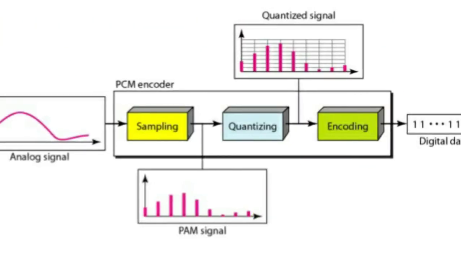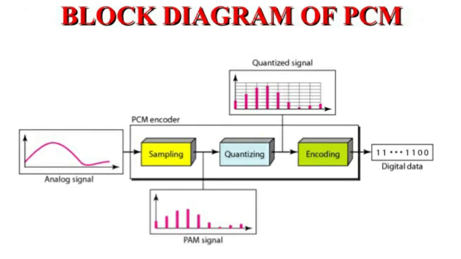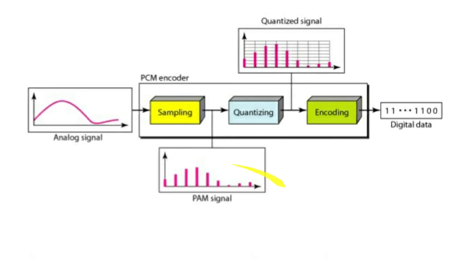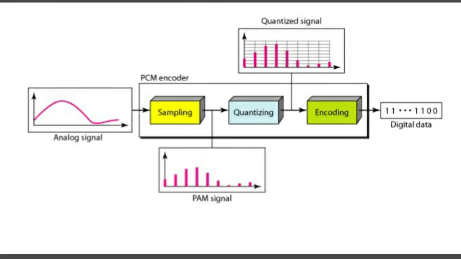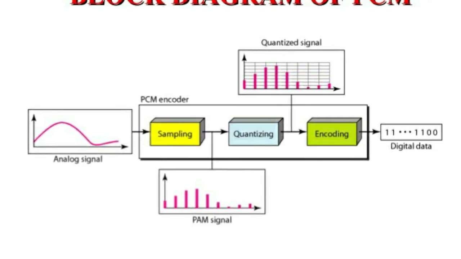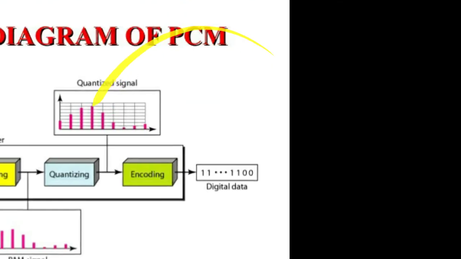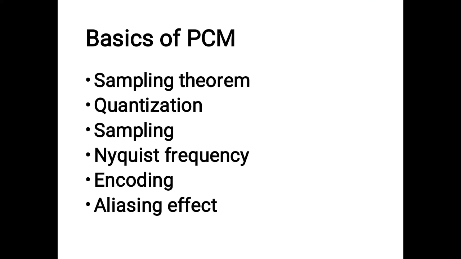As I have already told you, PCM is nothing but converting analog information into digital or binary bits. After quantization, the signal will be like this. Before quantization, or after sampling, the signal will be like this. You observe that this one and this one are based on this analog wave.